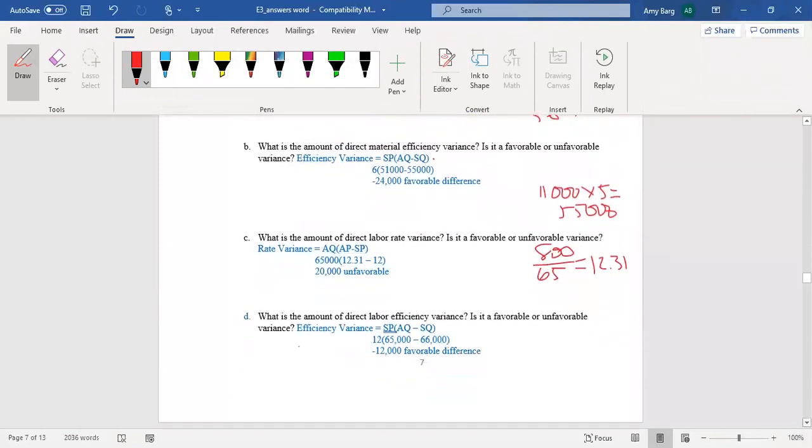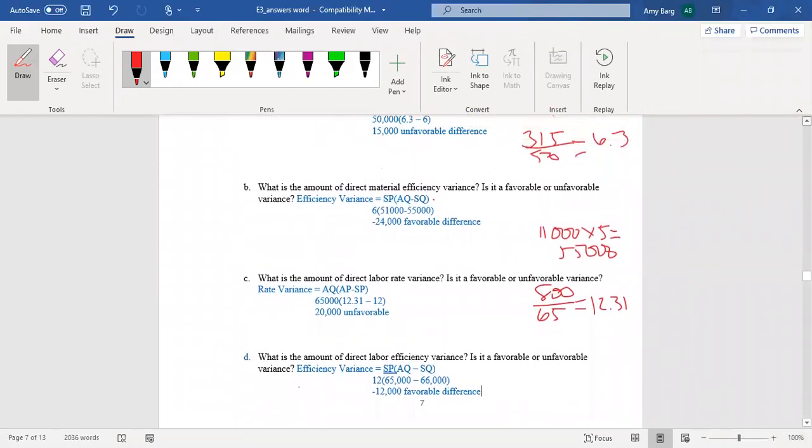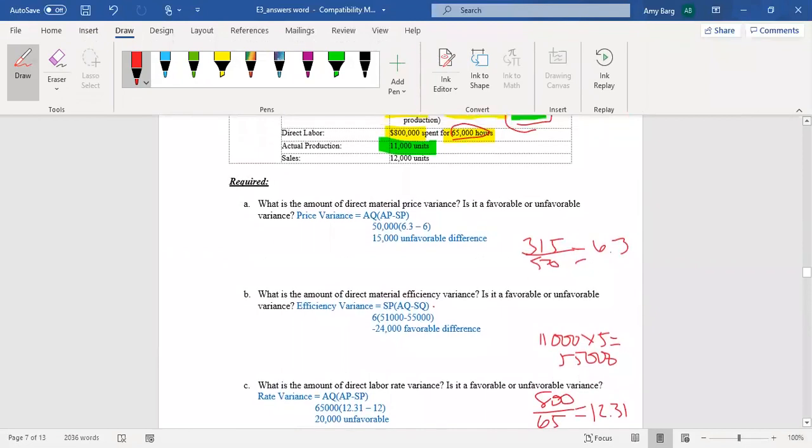So there's this way to do the variance, and then there's also the way that they were doing it in the book. You remember there were the split costs, and the split cost was the standard price times the actual quantity.